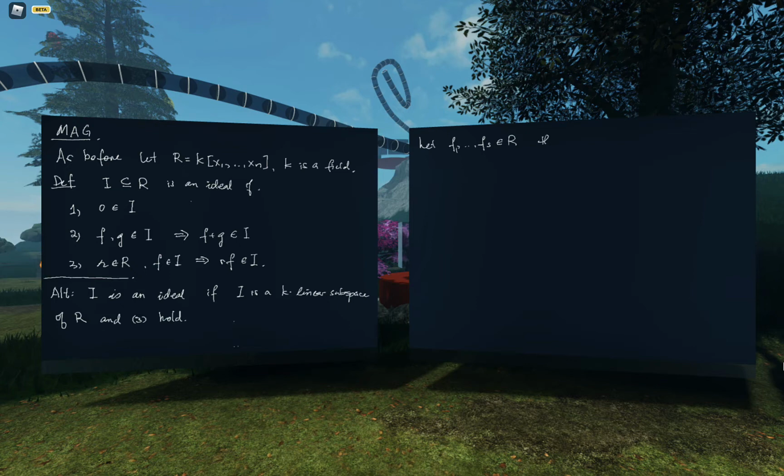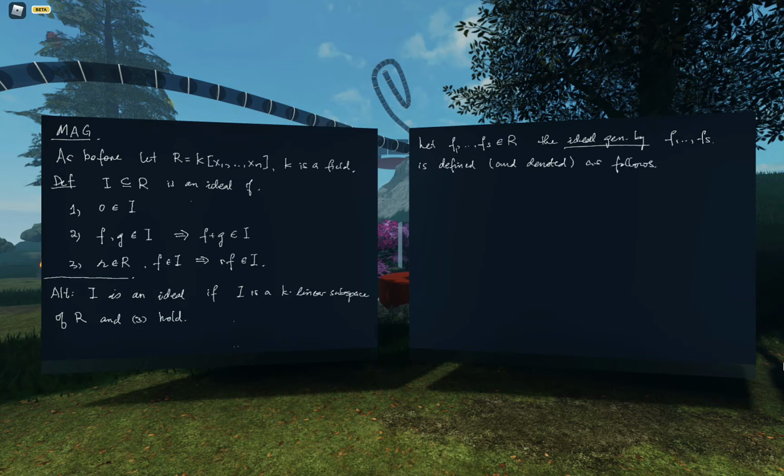So the ideal generated by F1 to Fs is defined as follows and denoted as follows.